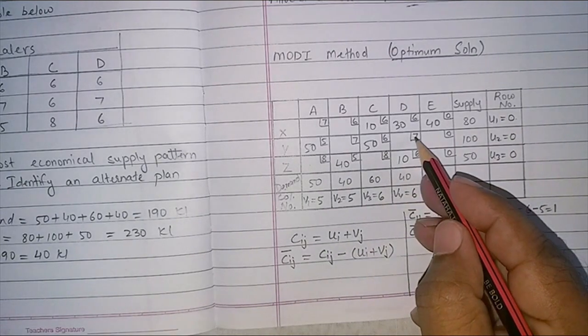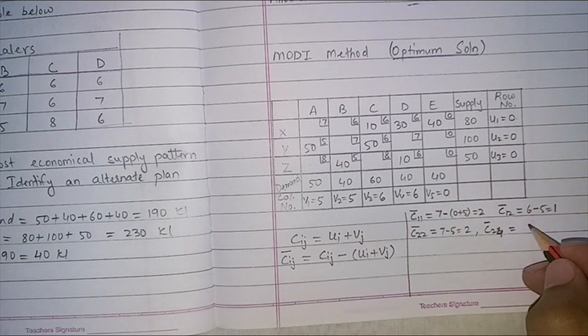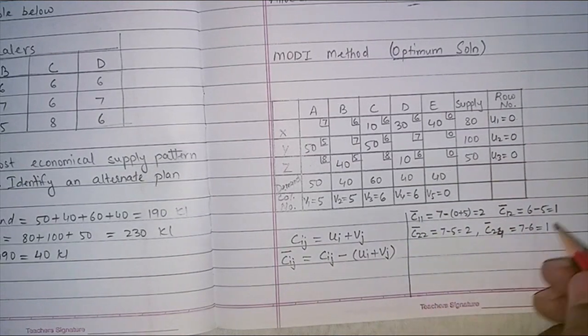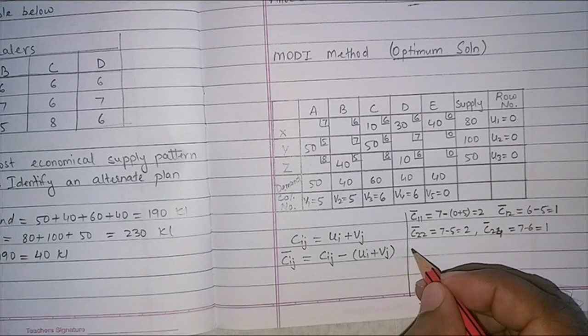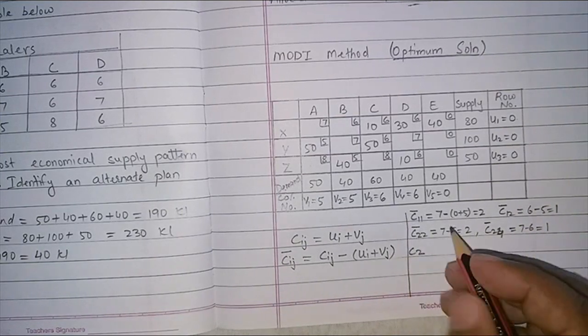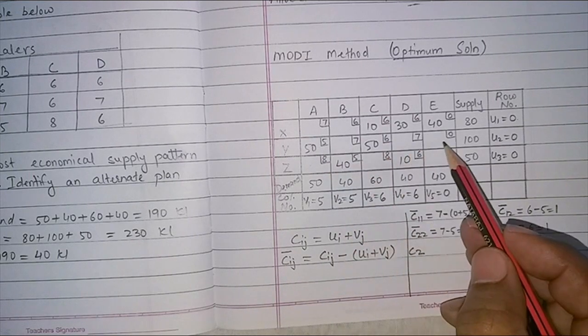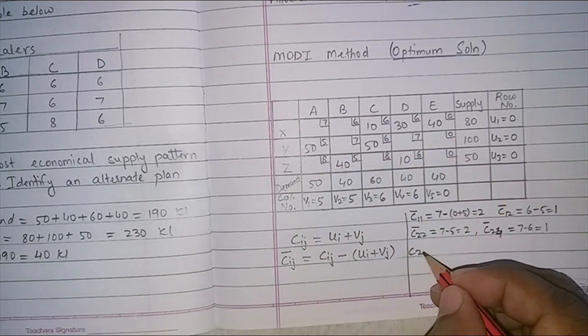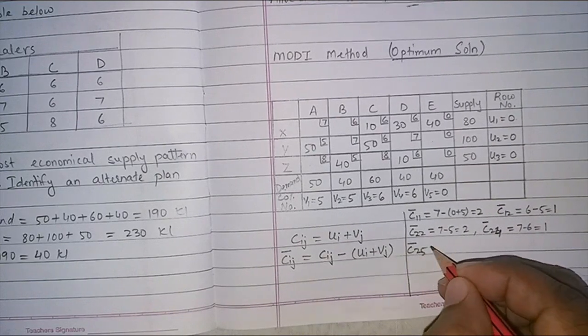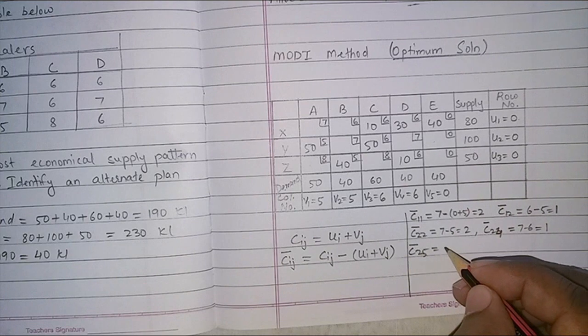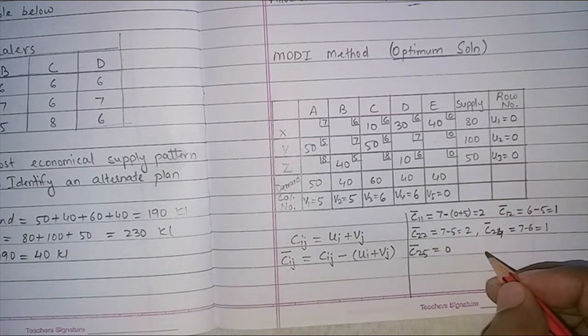We have 7 minus 6, which is 1, and C25 is 5, this one, equal to 0 minus 0, which is 0.